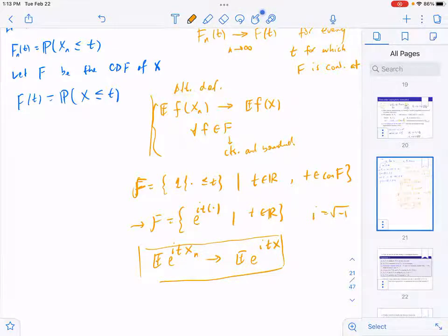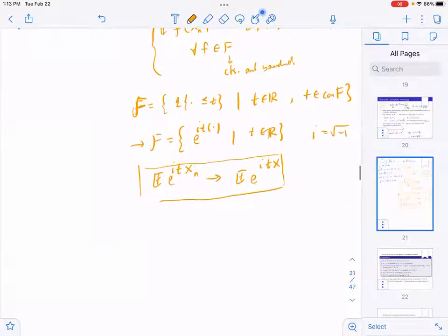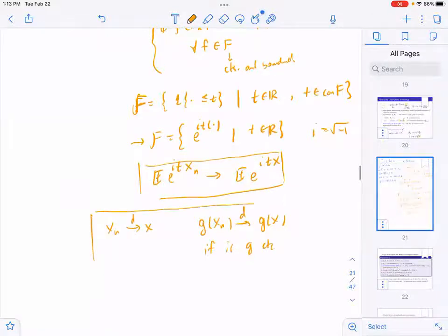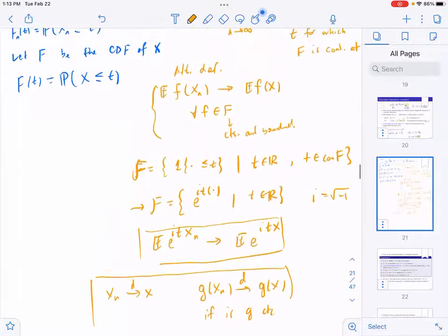And from this definition, some of the properties of convergence in distribution more immediately follow. For example, if X_n converges in distribution to X, then for any continuous function g, g of X_n converges in distribution to g of X. This immediately follows from this definition, because if I compose a continuous function with another continuous function, the result is continuous and it also remains bounded.